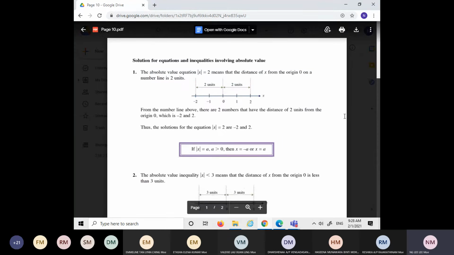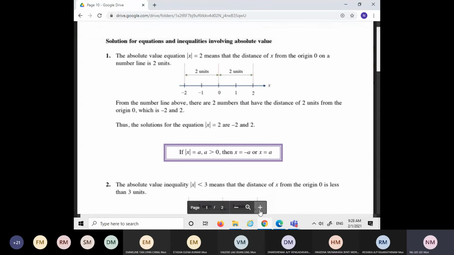Look at this. Solutions for equations and inequalities involving absolute value. The absolute value is the modulus. For the absolute value equation, modulus of x equals 2 means that the distance of x from the origin, 0 on a number line, is 2 units.